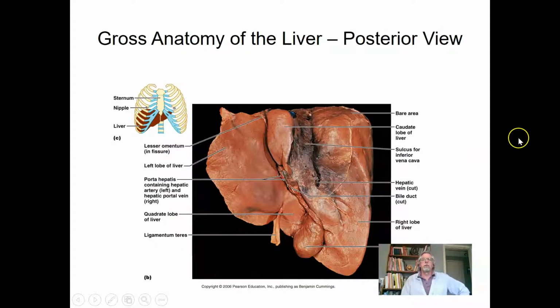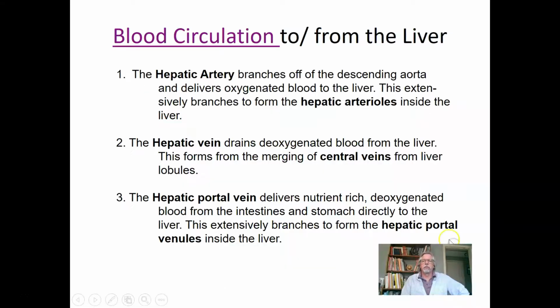Okay, this is a posterior view of the liver, and here is the right lobe, the largest. Here is the left lobe. And from the posterior view, you can see the 2 other lobes, relatively small: caudate, superior, and quadrate, inferior. Here is the gallbladder. The screen here is covering that a little bit.